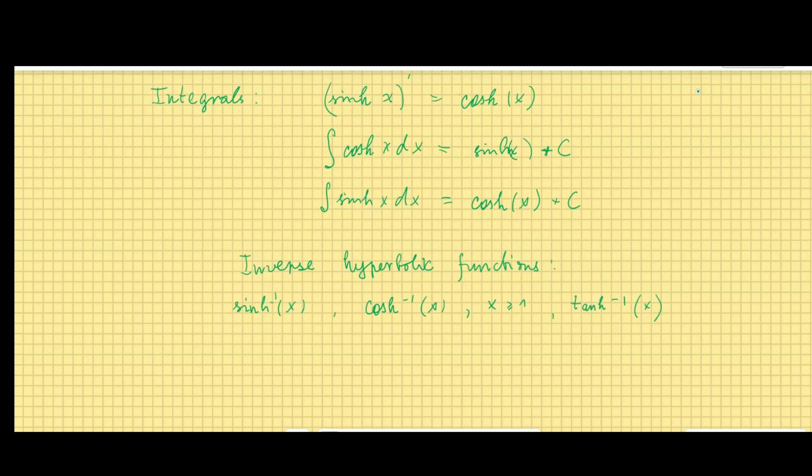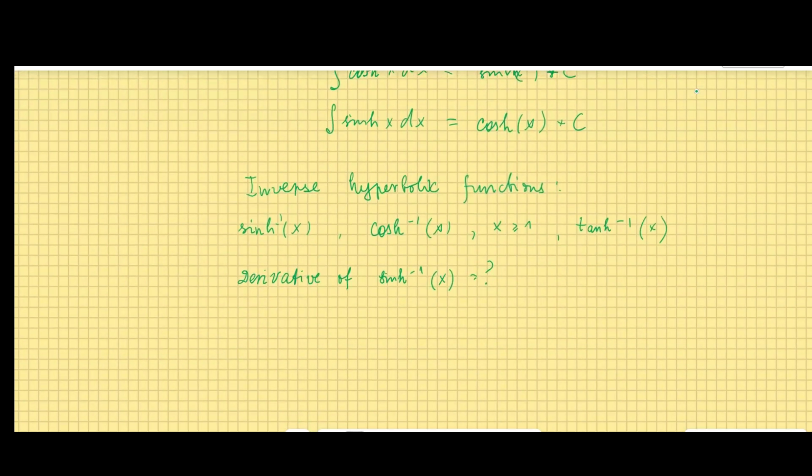What I'm going to do, guys, is consider the derivative of sinh inverse. And there is no other way except I'm going to prove it, I guess. So let's differentiate. I'm going to write down the derivative of sinh inverse, and the question is, what is the derivative of sinh inverse?